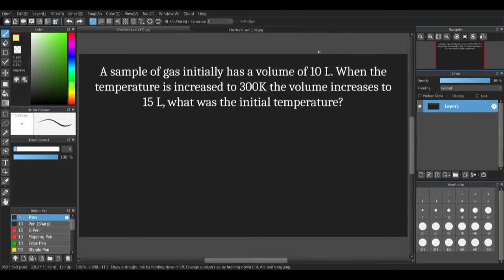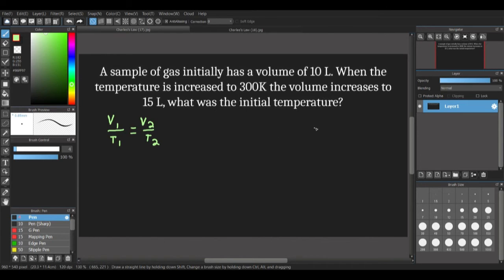For our first example, we are told that a sample of gas initially has a volume of 10 liters. When the temperature is increased to 300 Kelvin, the volume increases to 15 liters. What was the initial temperature? So the first thing we're going to do with all of these questions is write our formula: V1 over T1 equals V2 over T2.